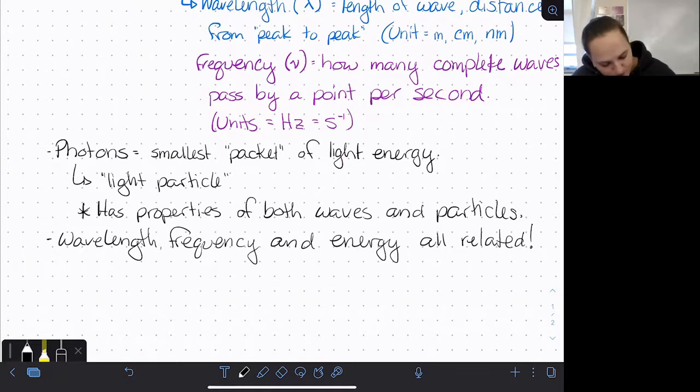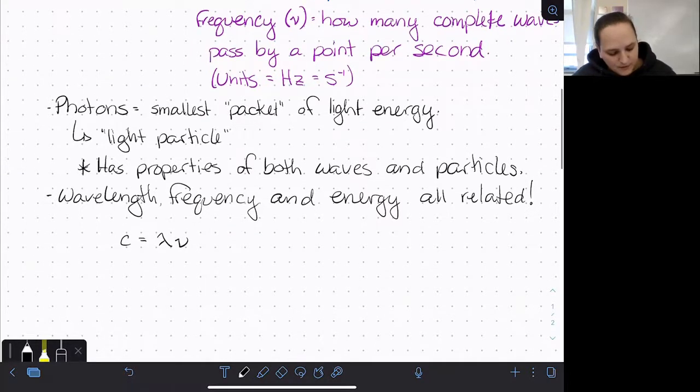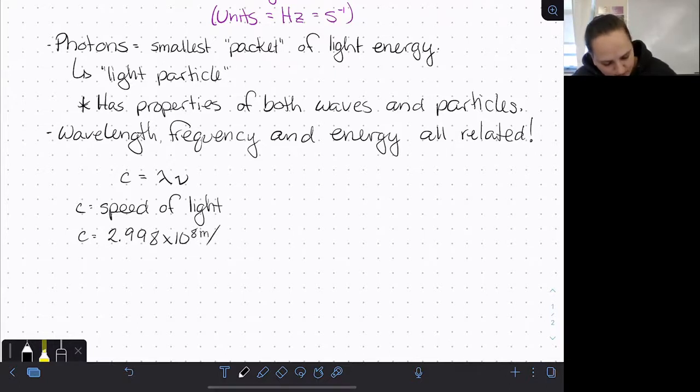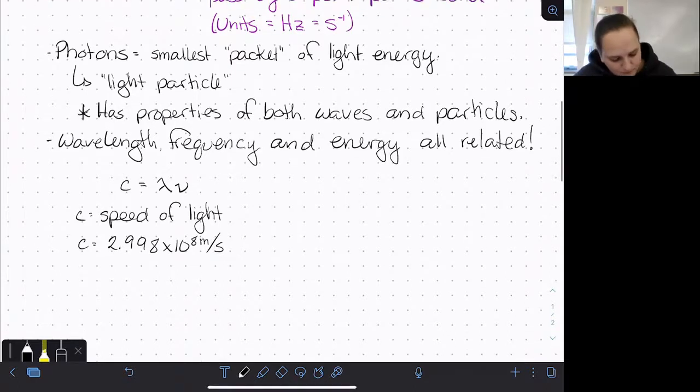So we have one mathematical relationship that relates wavelength to frequency. The only new variable here is c, which is the speed of light, which has a value of 2.998 times 10 to the 8th meters per second.